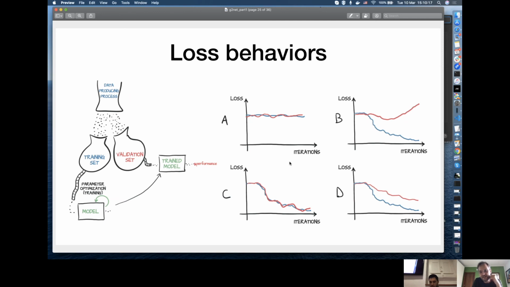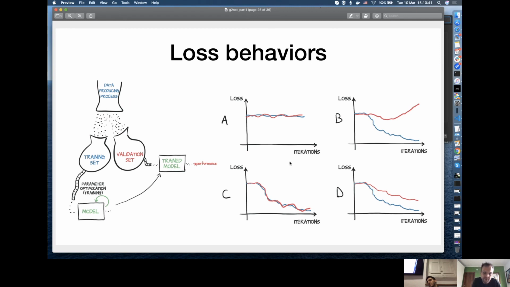While in D, the performance of your training set and validation set are a bit far apart, but the validation set has a bit of an offset compared to the training set, meaning that the trends are similar, but you still keep your validation set with a worse loss a bit.